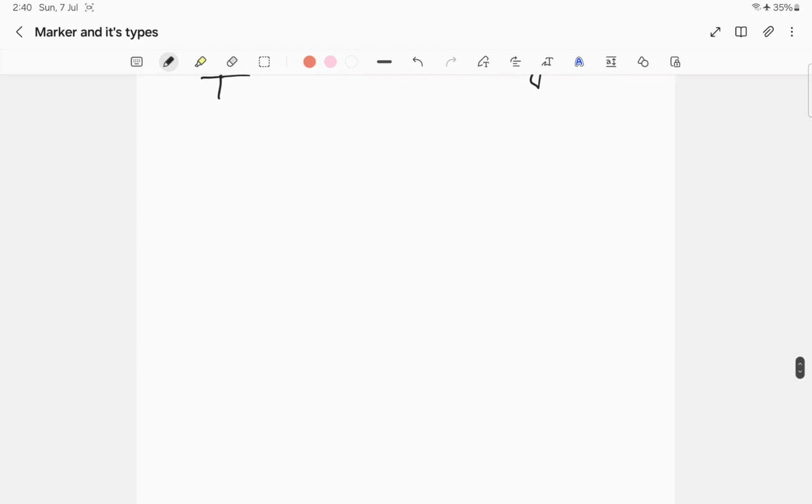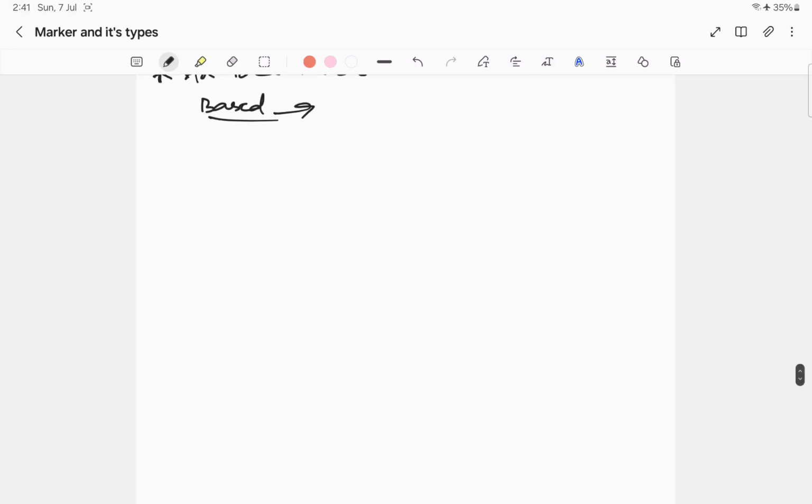Again, this marker, we'll discuss what the characteristics of an ideal marker are. And based on inheritance pattern, again we will discuss it.